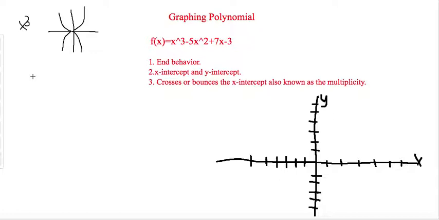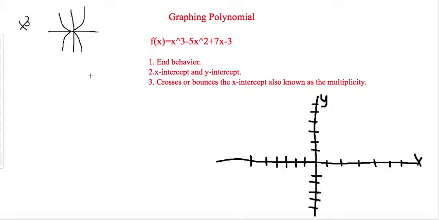Looking at x cubed minus 5x squared plus 7x minus 3, if I break it into 2, I could factor out an x squared from the first part, but from the second part, 7x minus 3, I can't factor out anything. So we cannot do grouping by factoring, so we're going to have to do synthetic division.